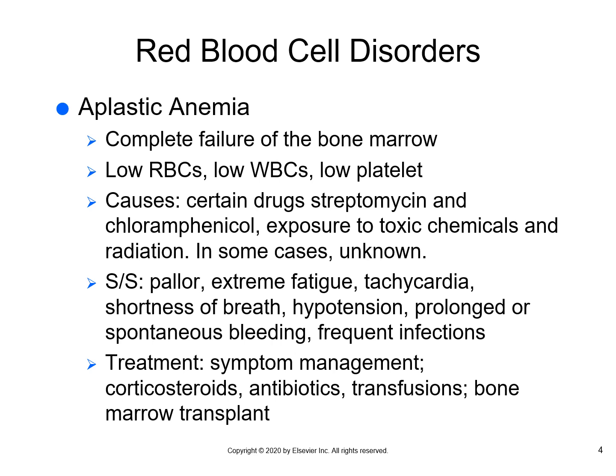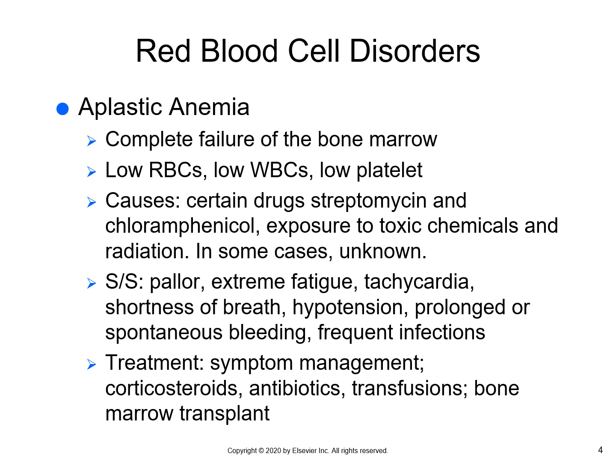So that's why it makes sense for these signs and symptoms. If you look at it, signs and symptoms: pallor, extreme fatigue from the low red blood cell, low oxygen in the body, tachycardia because the body is trying to compensate from that low RBC, shortness of breath, hypotension, prolonged or spontaneous bleeding, and frequent infection.